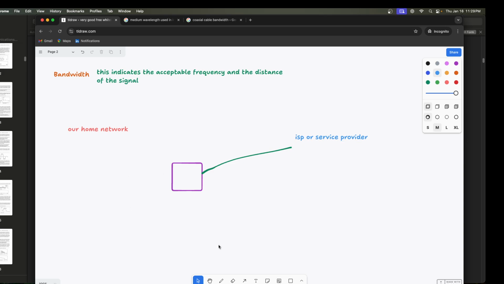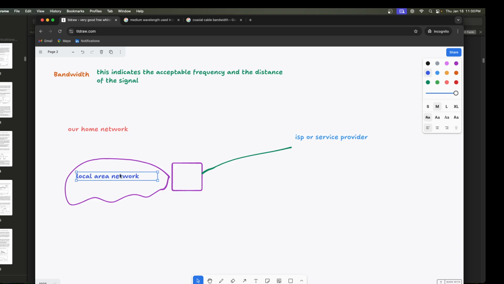And then this is our local area network.